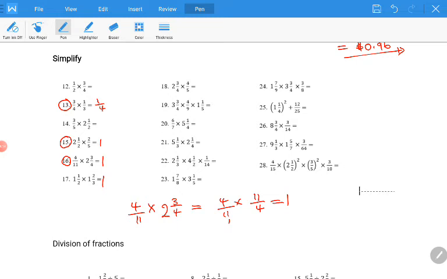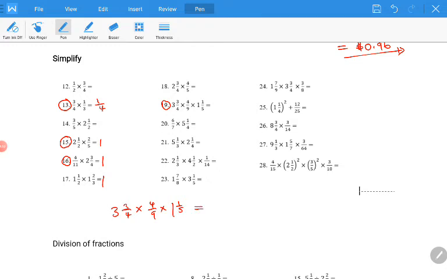Okay, let's look at a different question. Say question 19. Question 19 is saying 3 and 3/4 times 4/9 times 1 and 1/5.